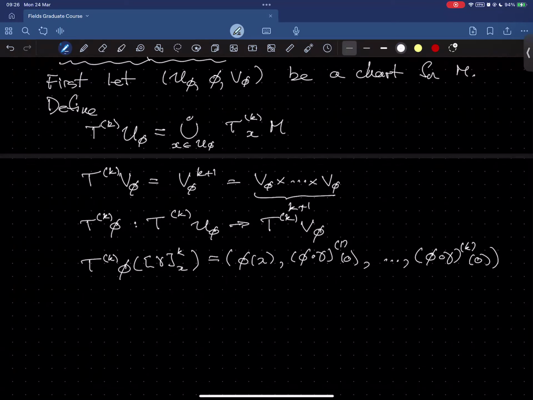So the first k derivatives of the curve as it passes through x naught at time 0.